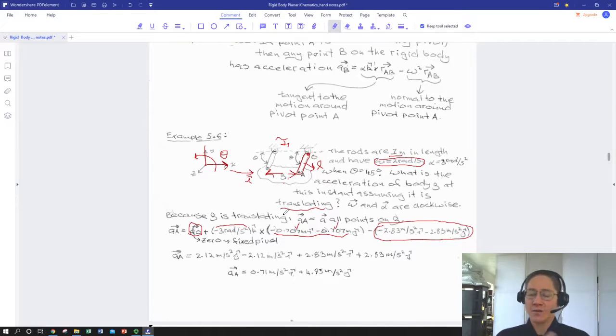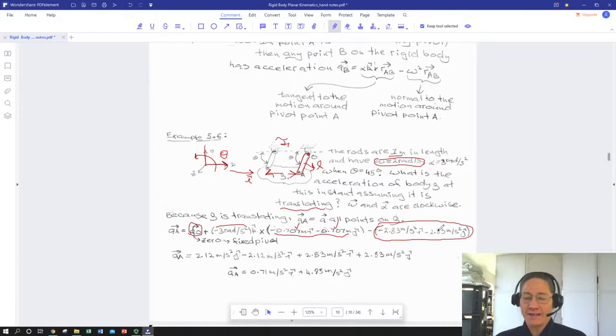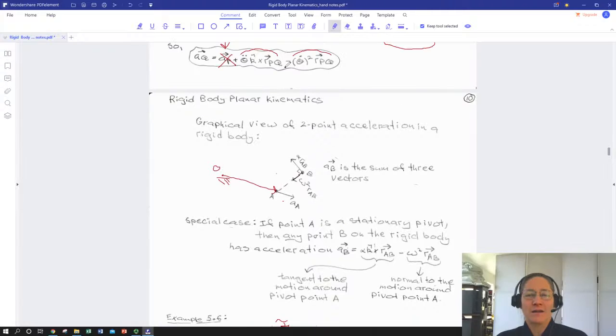Negative 2 radians per second. We squared it, we got positive 4 radians per second squared. We multiplied it by a negative 0.707 in the I hat direction, so we got negative 2.83 meters per second squared I hat, negative 2.83 meters per second squared J hat. And then we got a negative sign out in front of the whole shebang, which is this one.